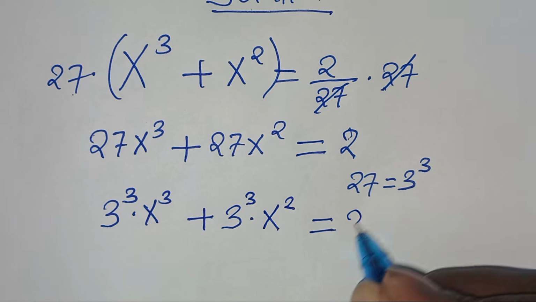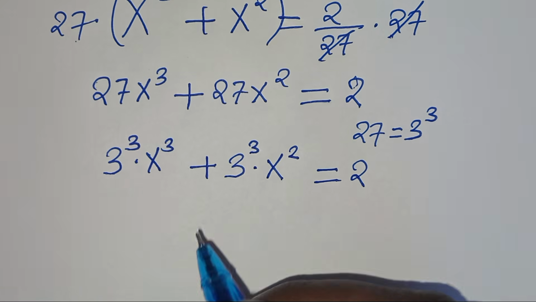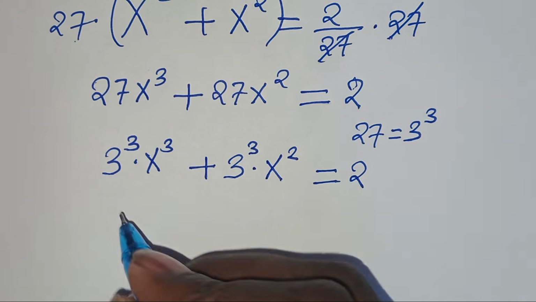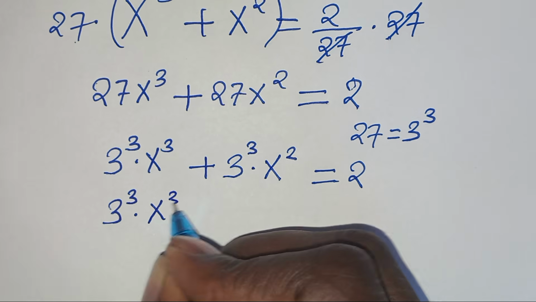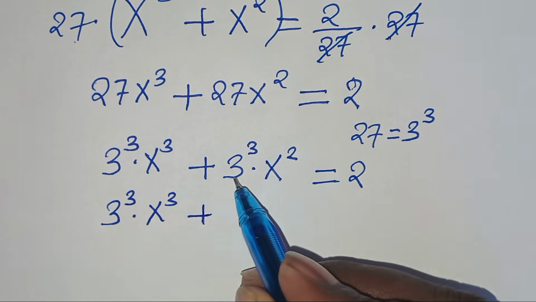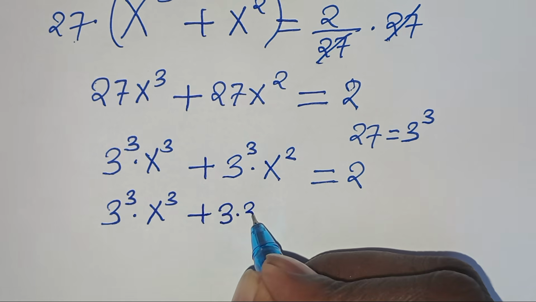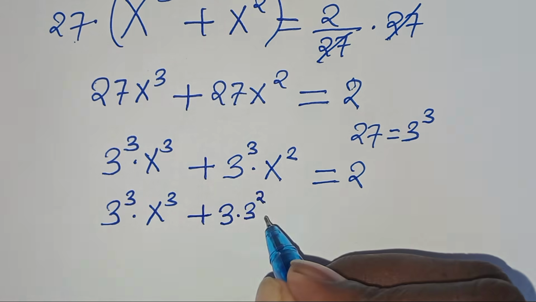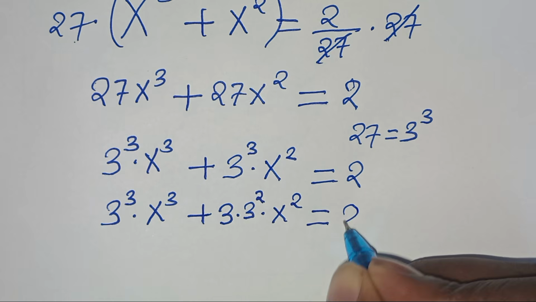This is equal to 2. The next step is that this is 3 raised to the power of 3 multiplied by x to the power of 3, then plus we can express 3 to the power of 3 as 3 multiplied by 3 to the power of 2, then times x to the power of 2. This is equal to 2.